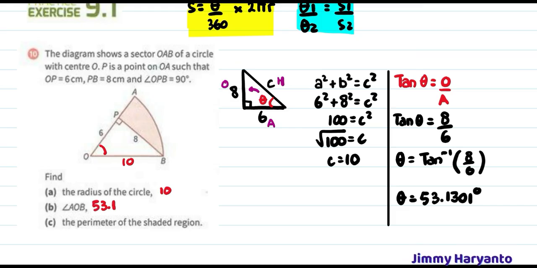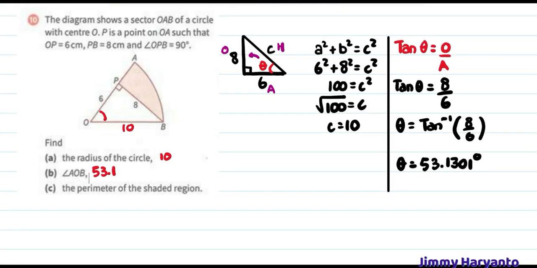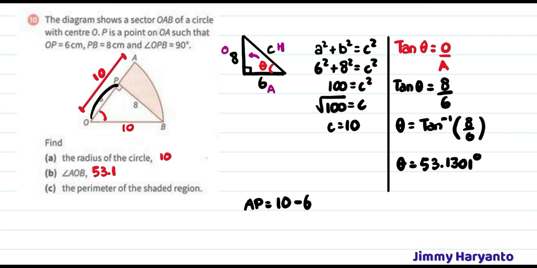Okay, next is the perimeter. For the perimeter, we have to find the AP first. Let's find AP. We know that this one is 10 since it's the radius, and then AP equals 10 minus this one, 6. You'll have AP equals 4.